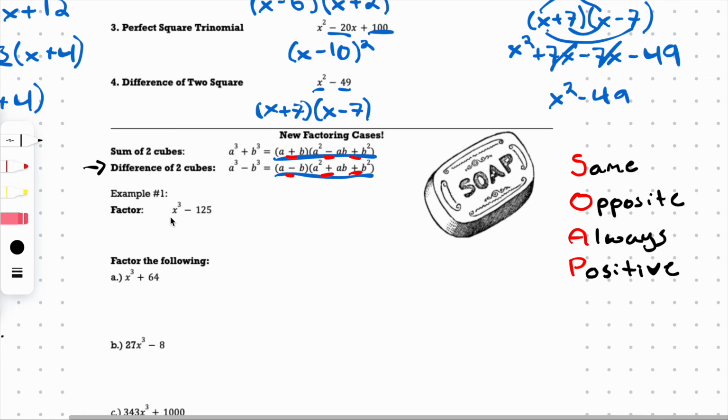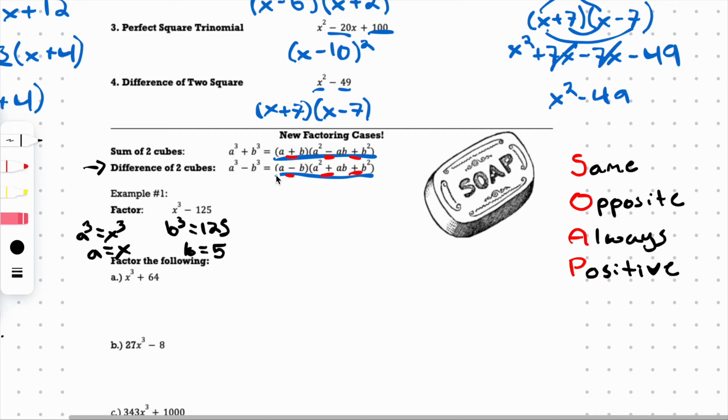Now we want to find the values of a and b. So if a to the third equals x to the third, a equals what? It's just going to equal x. If b to the third equals 125, then what's b going to equal? The cube root of 125 is just going to be 5. Okay? So now we have our values for a and b.